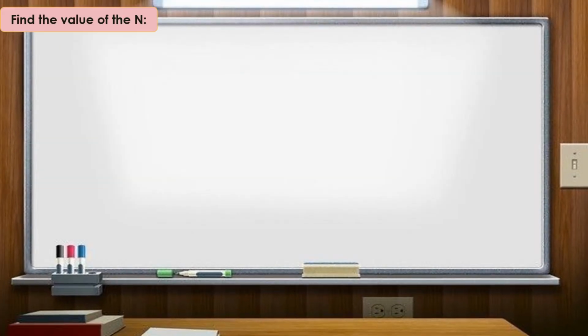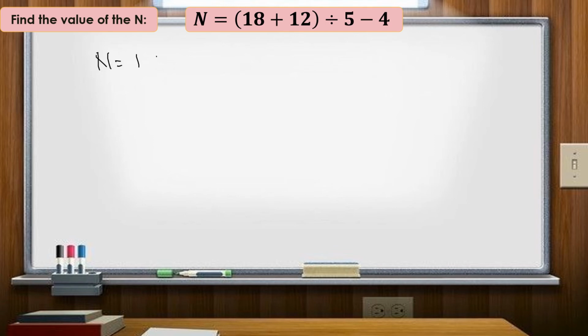Okay? So next, find the value of n. In this scenario, again, it is flipped: n equals 18 plus 12. But this time, in the given, there is a parenthesis. Teacher, what will be the first one we need to perform?